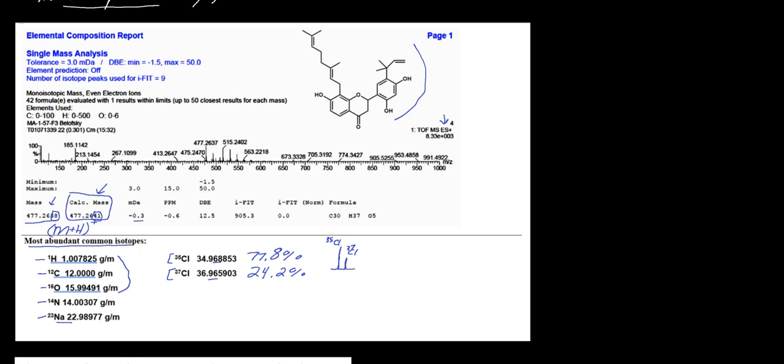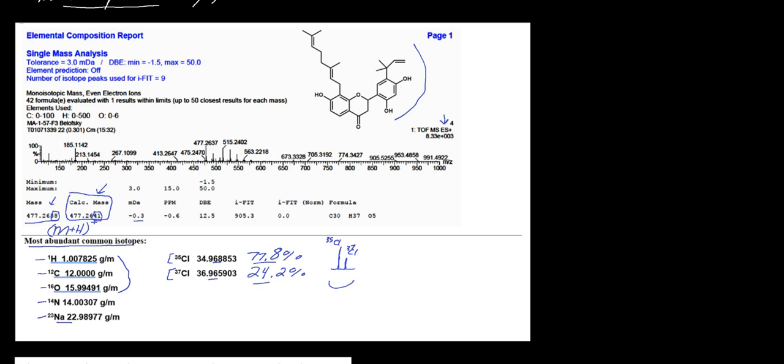So if chlorine is a part of this molecule, for example, we would see near the molecular ion basically two molecular ions, in this sort of proportion, 75-25 close to. That's very distinctive for chlorine.